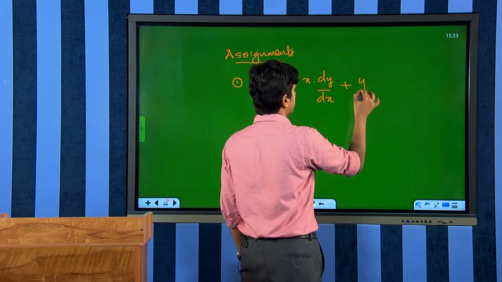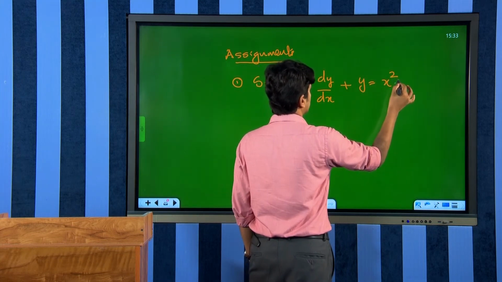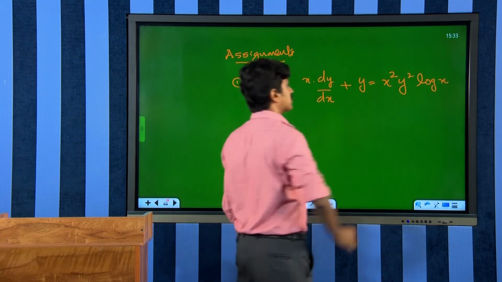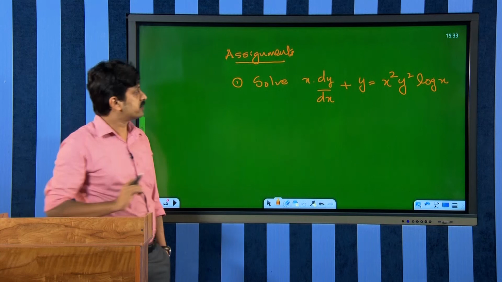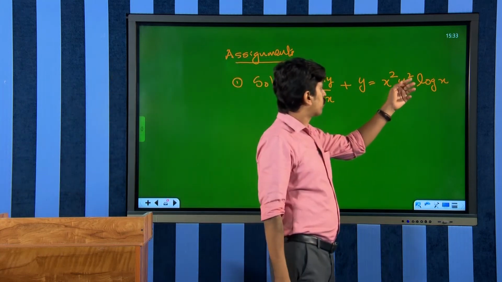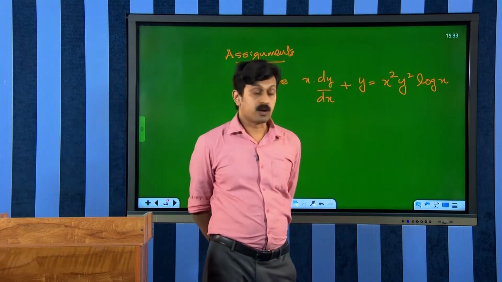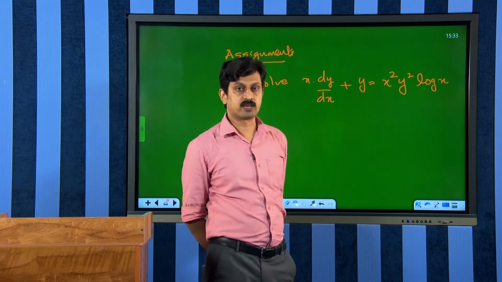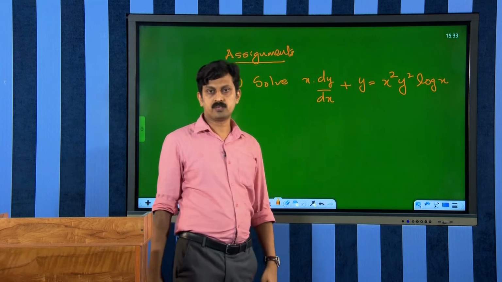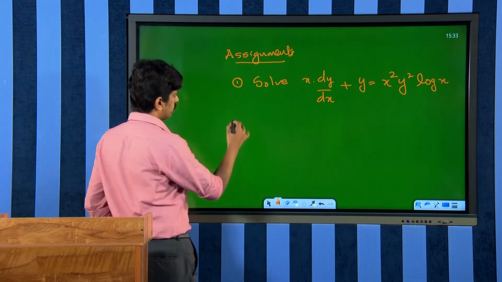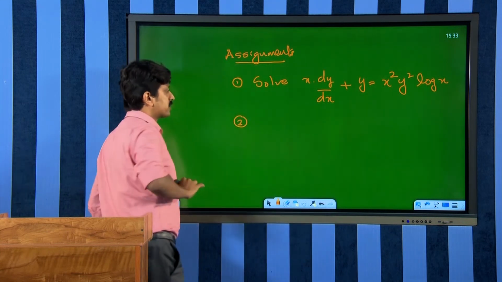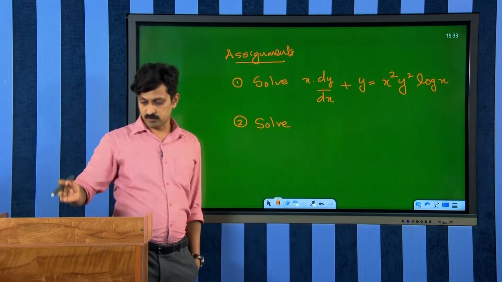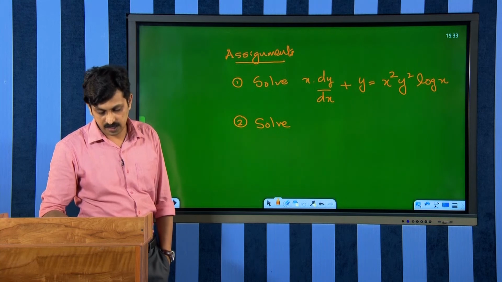See, my dear students, here the power of y in the non-homogeneous part on the RHS is y square, so divide throughout by y square. You will get a new type of differential equation that you can convert into a linear equation, then you can solve it as we solved linear differential equations.